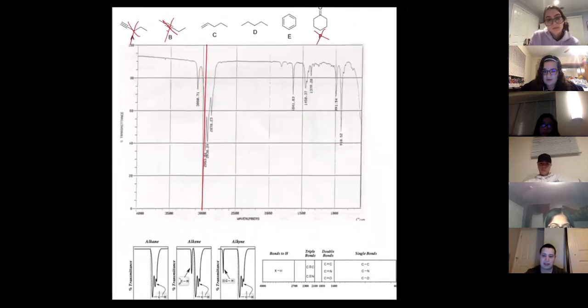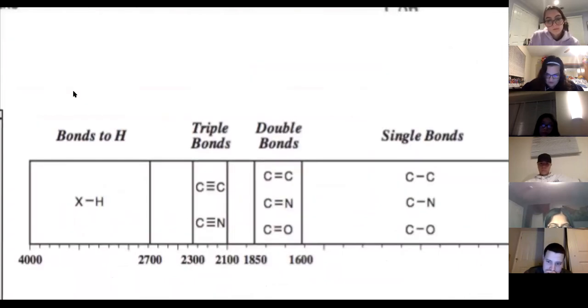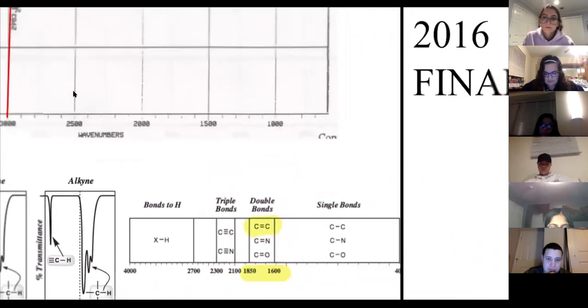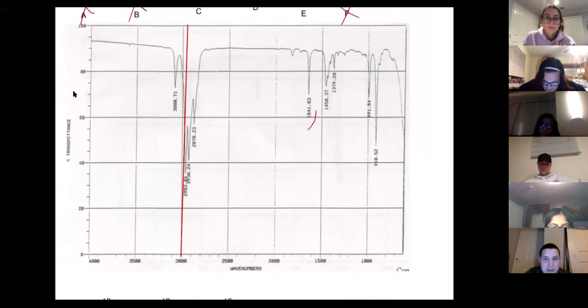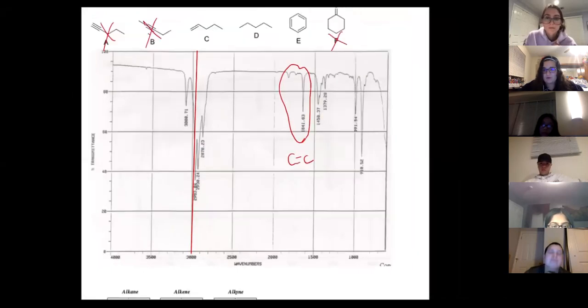But we don't know what the double bond is attached to. That's where this comes in down here. It tells you once again that you have your carbon-carbon double bonds between 1600 and 1850. This one is super subtle because this peak falls a little bit before the range, but that is what's signifying a carbon-carbon double bond.